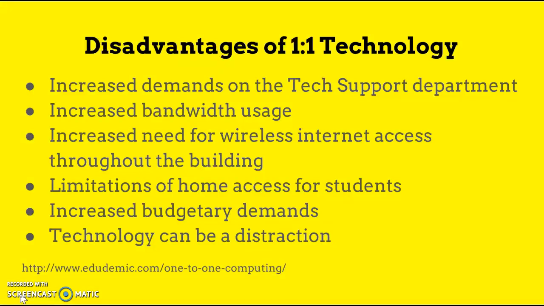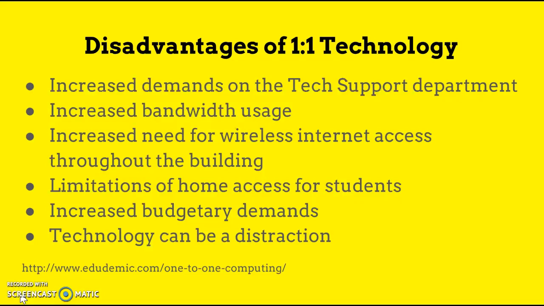Now, one-to-one, as with anything else, is not all sunshine and roses. There are obviously going to be some drawbacks according to research. Edudemic reports the following challenges associated with one-to-one implementation. There will be increased demands on the tech support department for updating and service.